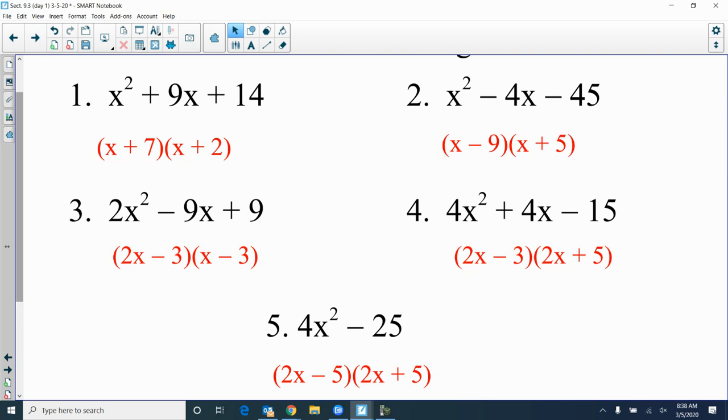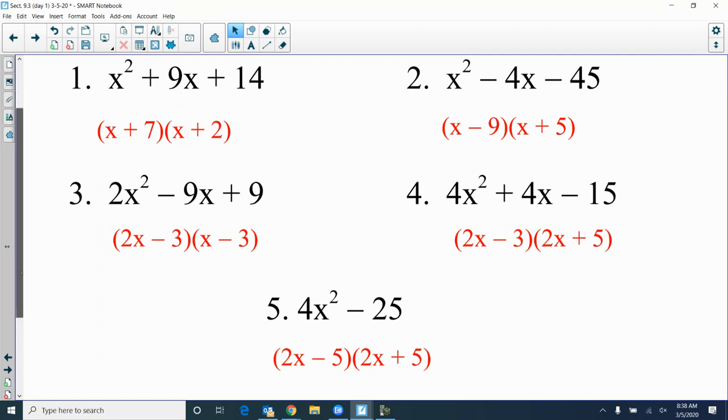Take out your GCF. I'll make that GCF a negative. Then you should get 2x minus 3 times x minus 3. For 4, same idea. You get 2x minus 3 times x plus 5.